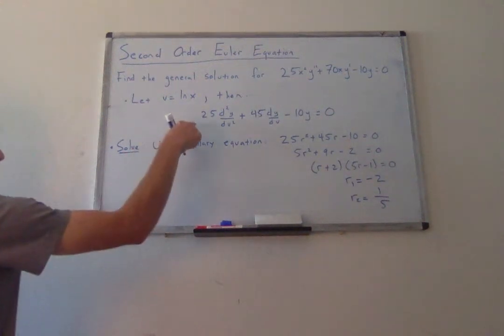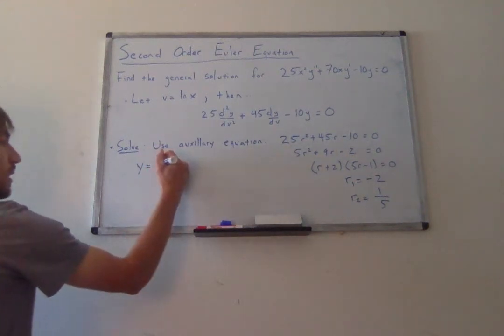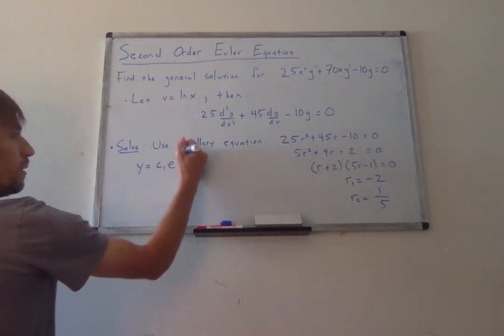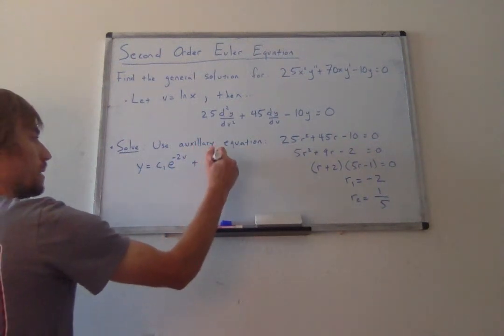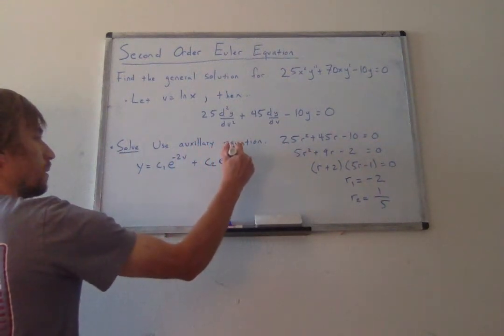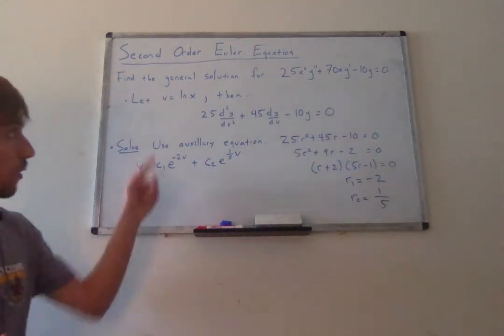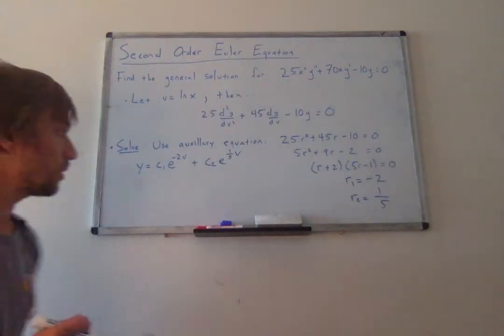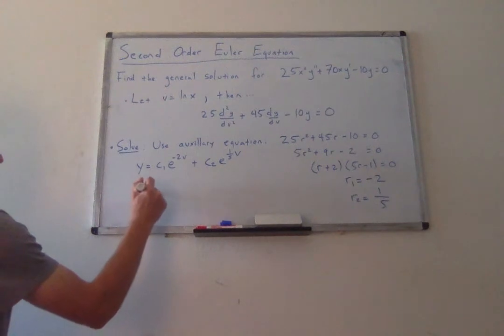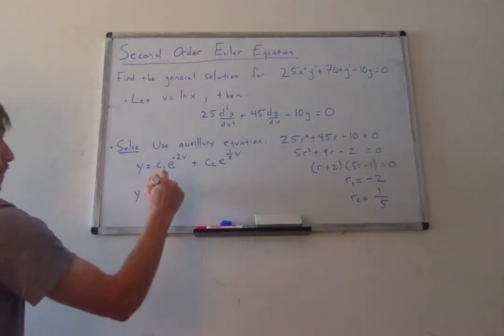And so that means a general solution to this equation would be y is equal to c1 e to the -2v plus c2 e to the 1/5 v. But remember, we're not looking for a general solution to this equation. We're looking for a general solution to this equation. So we just need to substitute in ln x for v.